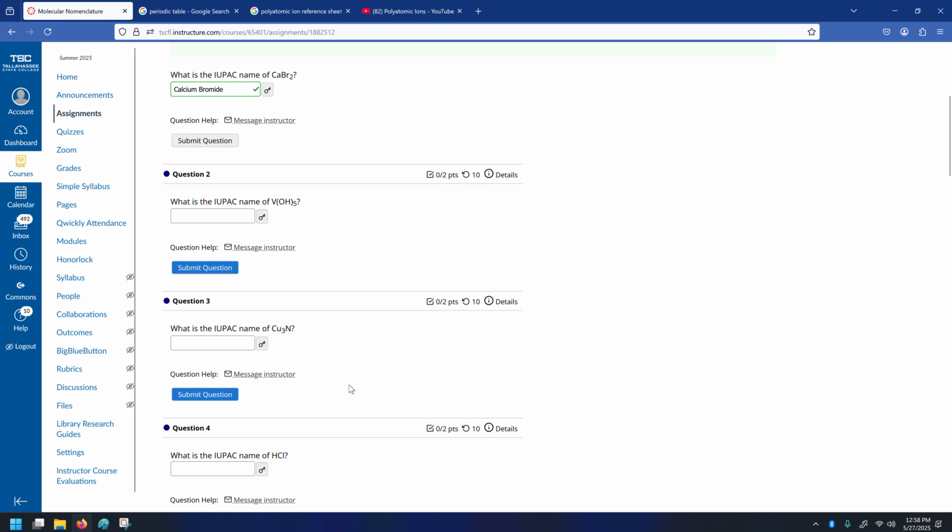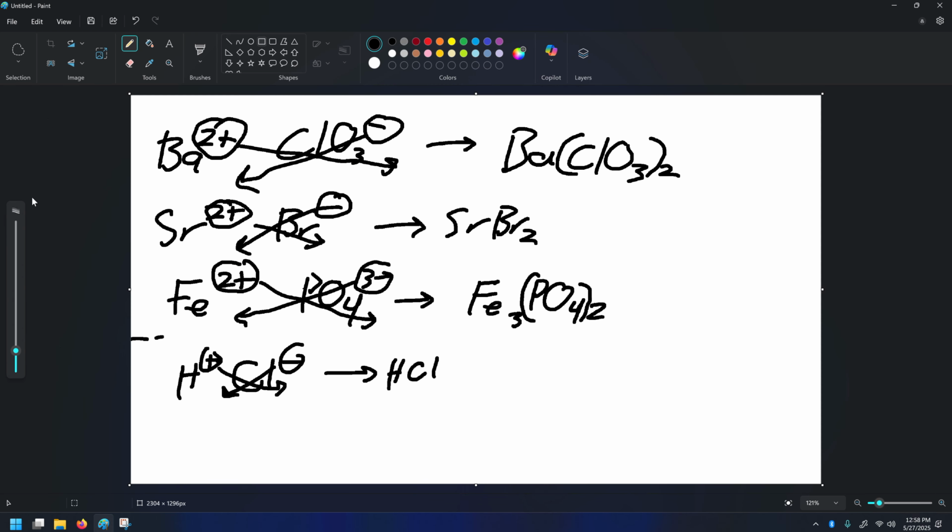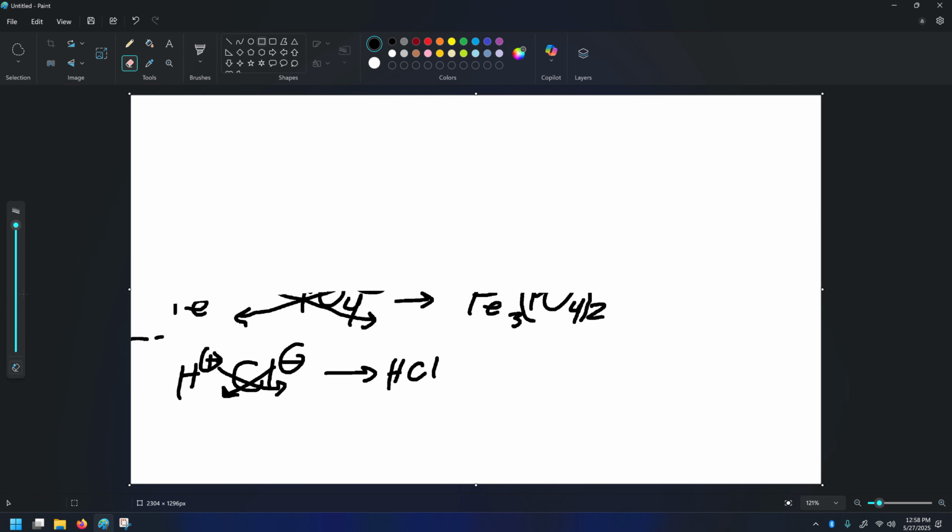So I need to figure out what the charge of the vanadium is and then write out the name. So I'll head over to Notepad, and we're going to figure out the charge on vanadium by figuring out the charge on all of my hydroxides. Vanadium has a variable charge. I'll just write it as a V for now.